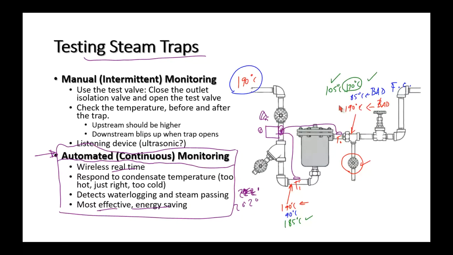I've got a delta T across the trap, and so now how do I actually detect that? There are a couple of different ways. I could use a contact thermocouple and measure the temperature there and then measure the temperature there. Or what I could do is take one of those infrared temperature guns, shoot the temperature there and shoot the temperature there.